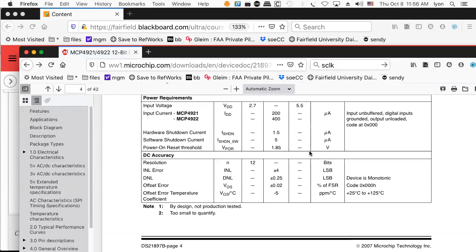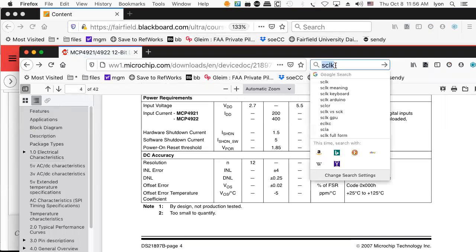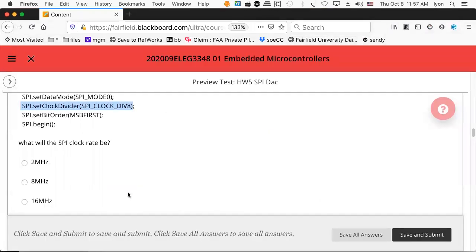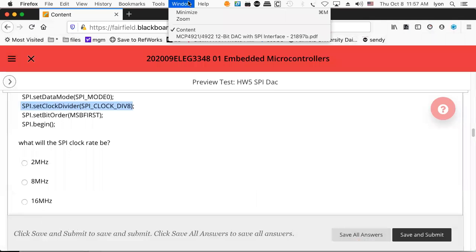Do Control F. Will that let you do a search? No, I'm on a Mac, so it doesn't actually search. Command F. How do I do that? I'm wasting too much time on this.